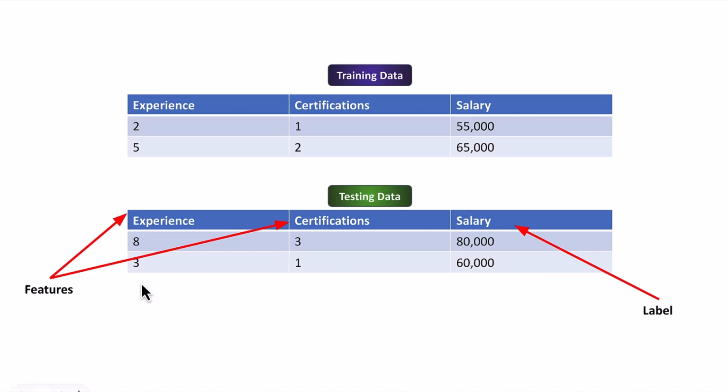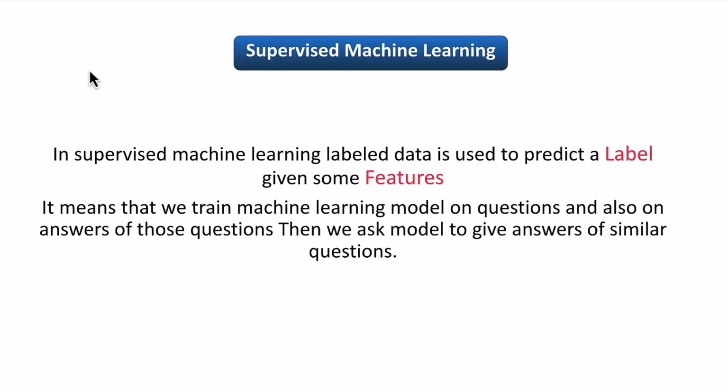These are a few terms which you need to keep in mind while understanding the types of machine learning. The first term is the label, which is the value we are predicting. And then there is a term called features, which are the columns or the values using which we are making the prediction.